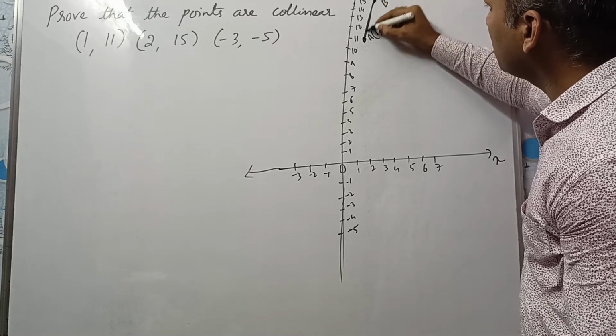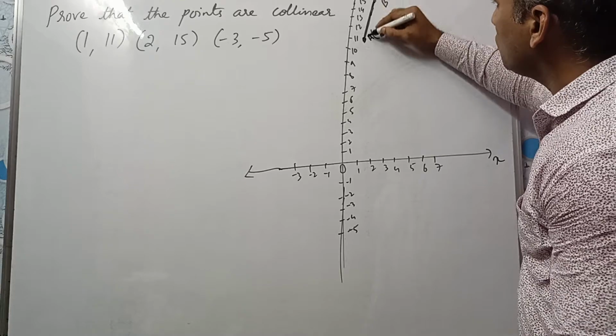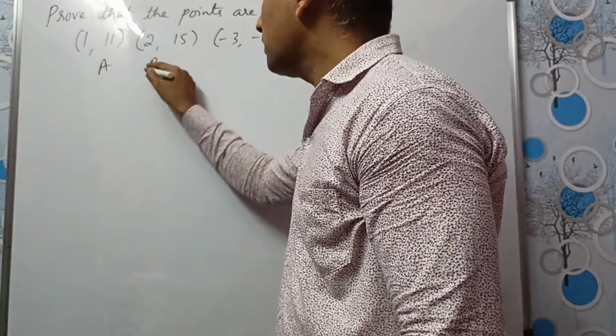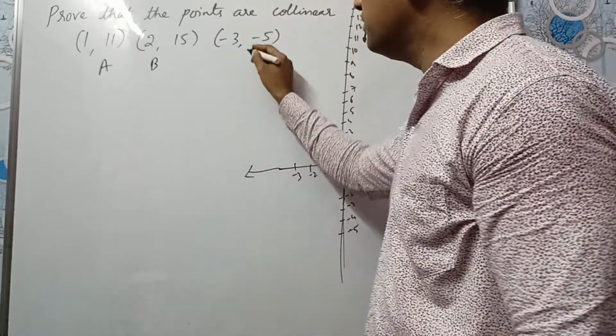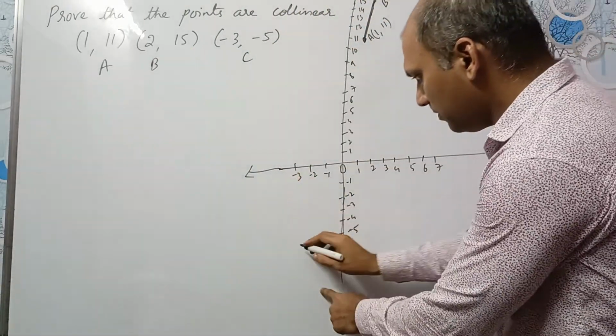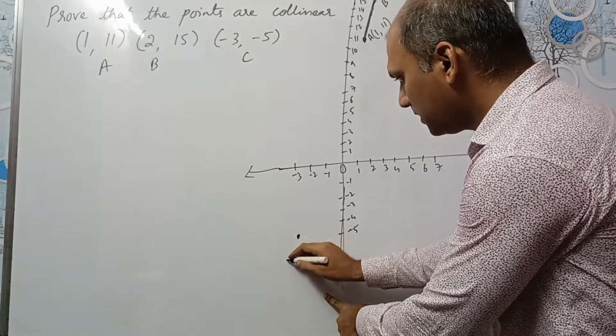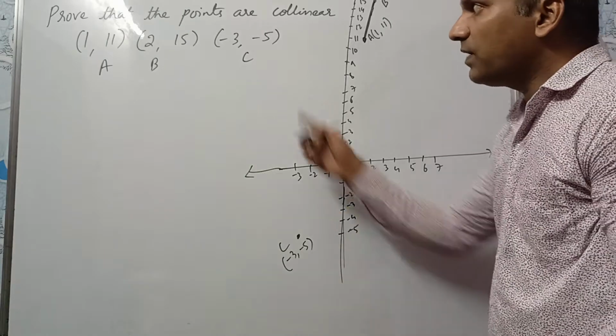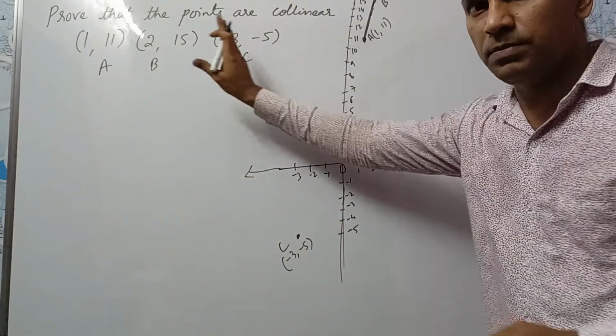We need to find the slope of this line. Okay, that means we need to find the slope of AB and of BC. See here, C will be (-3, -5), so -3, -5 will be here. Let us say this is C. Now we are finding BC. We cannot plot B anywhere else.